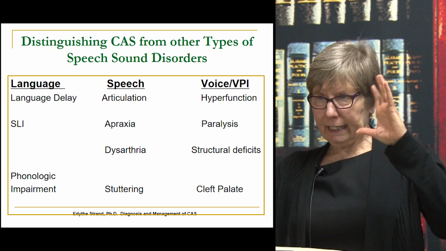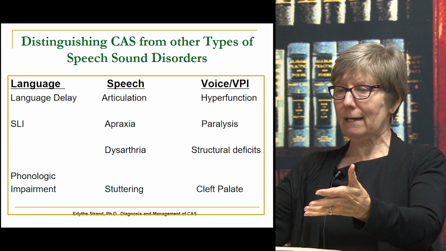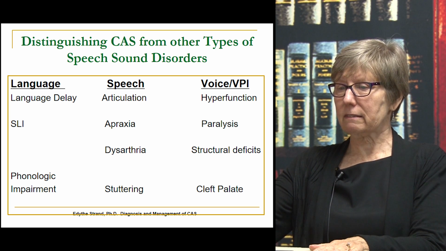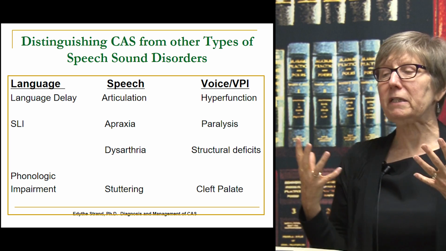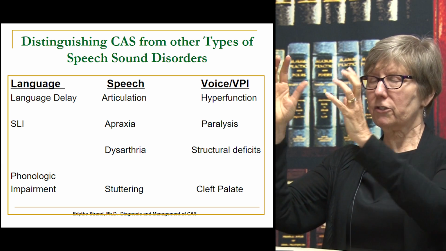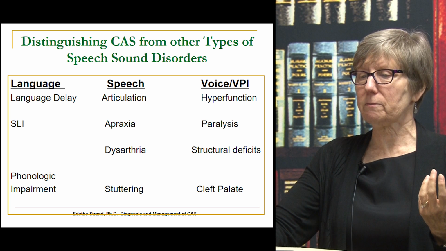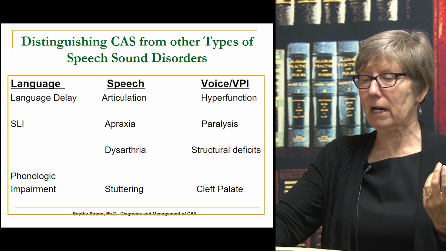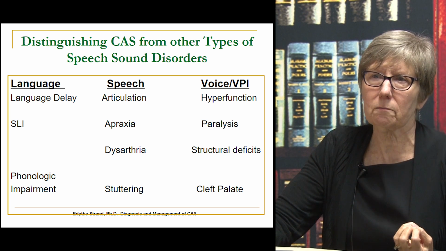Now, when we're, again, thinking about distinguishing CAS from other types of speech disorders, I've put this schematic view up on your slides here to show that we can think about speech disorders thinking through language, speech, and voice. And if you look under language, we have language delay, specific language impairment. But when we get down to the bottom, we have phonologic impairment. And we put that there because phonology really is a linguistic process.